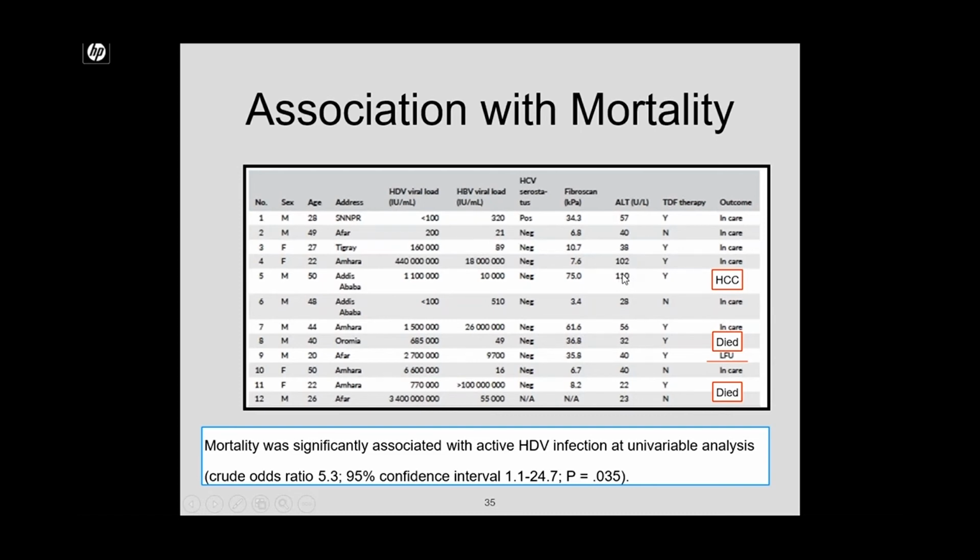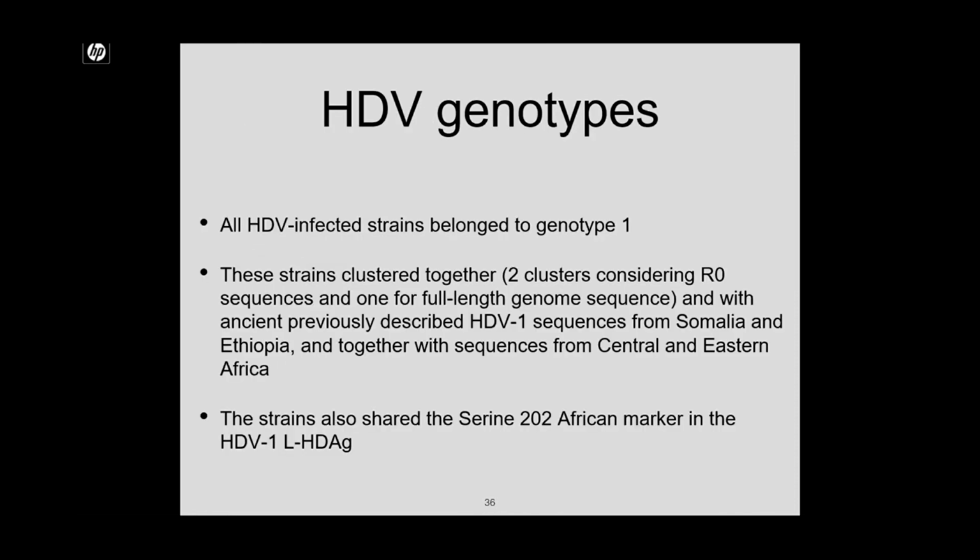The patient who had hepatocellular cancer had higher viral loads of both hepatitis B and D. The patient who died had a high hepatitis D viral load, yet was like the classical patient with suppressed hepatitis B viral load and very high FibroScan, usually more than 10. From the West Africa study on hepatitis B, above 9.5 we consider cirrhosis. So 36.8 is really a high fibrosis number. Viral load is suppressed and hepatitis delta is high.